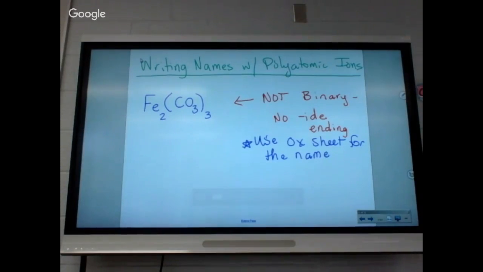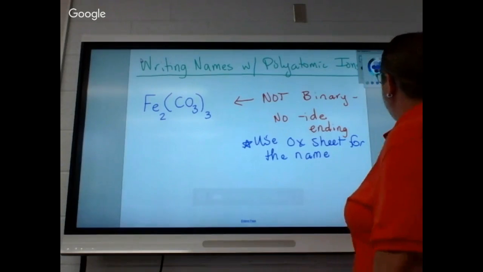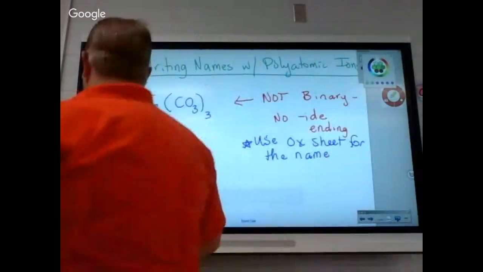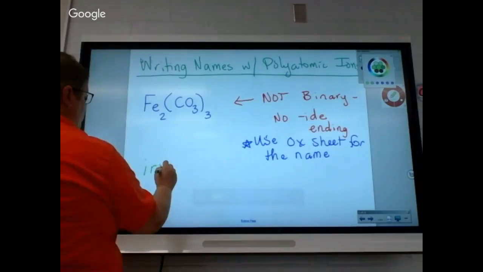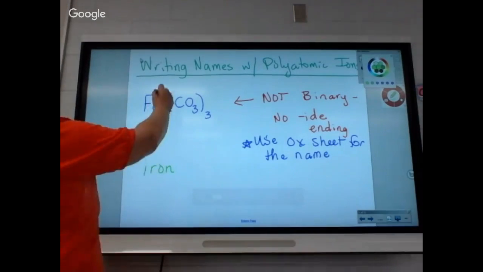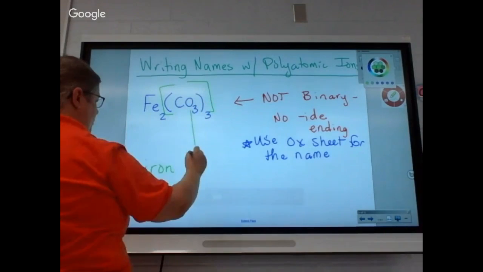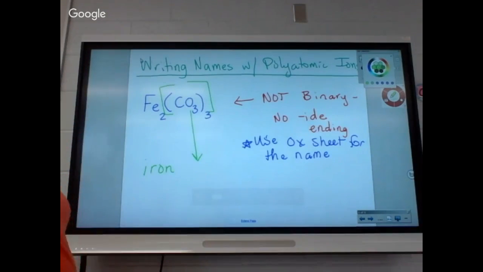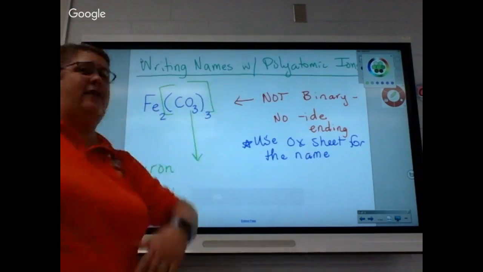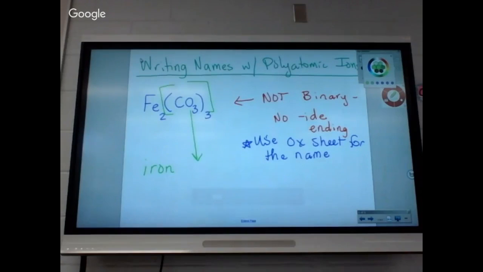Just like last night's homework, tell me the name of Fe. You write iron. After you write iron, everything after the iron you write together for one name. So you look up everything after that Fe together on your blue card and find its name.